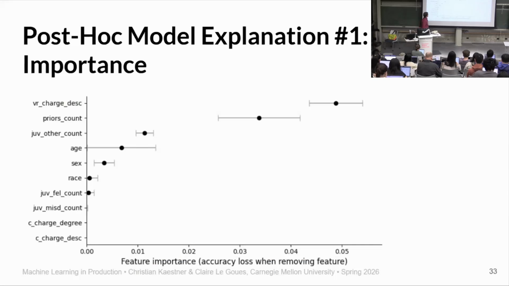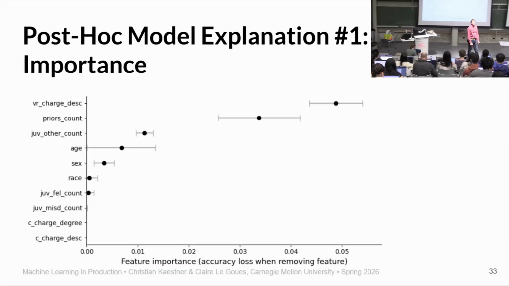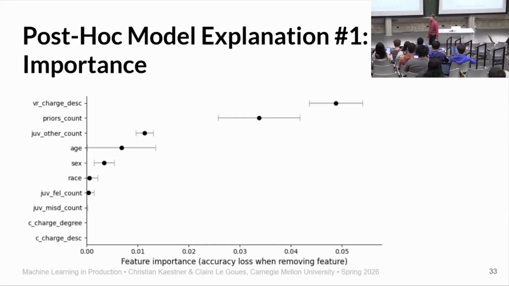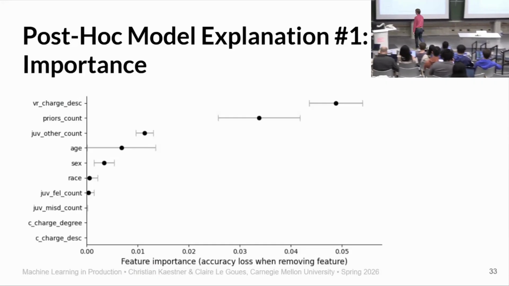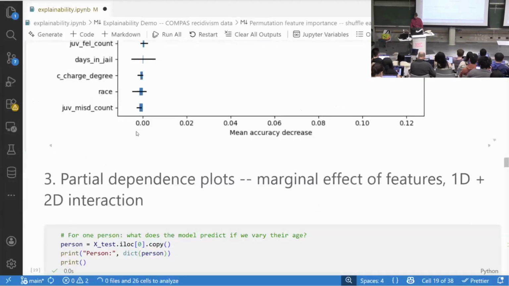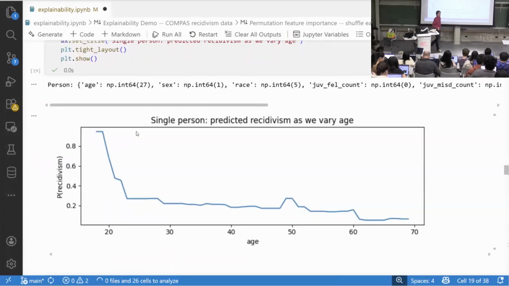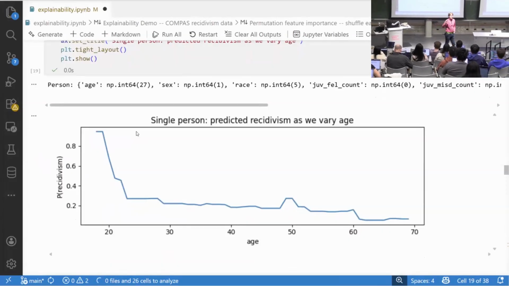All right. So now let's say I want to additionally know, so I know age is influential, but I want to know how does age influence predictions. This is where partial dependence plot is a next common thing. The way that this works is I take a model, I take one of my inputs, this is one random person in my data set.